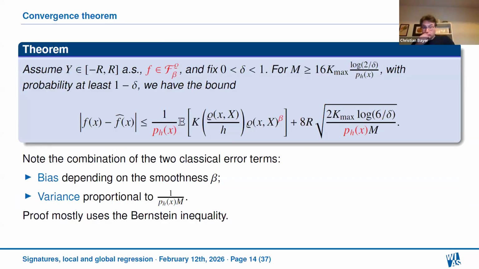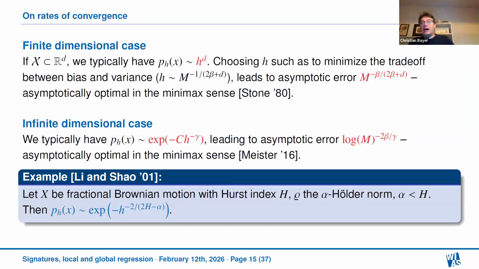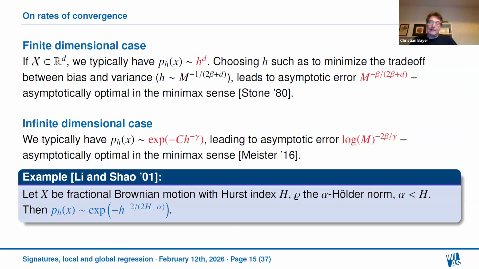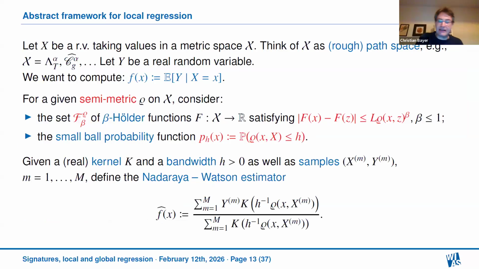Now, this was a very general framework, a semi-metric space, basically. The question is, what do we get out of this? The situation that we typically have in mind is, of course, the finite dimensional case. In the finite dimensional case, what happens to this small ball probability? Think about it like this.